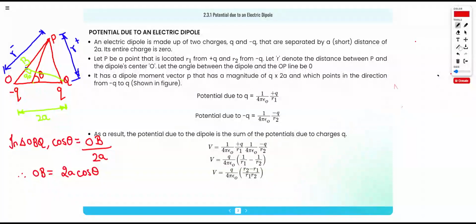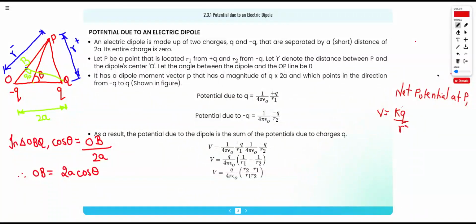Yes, the net potential at P will be V equals KQ over R for this one, KQ over R for this one.